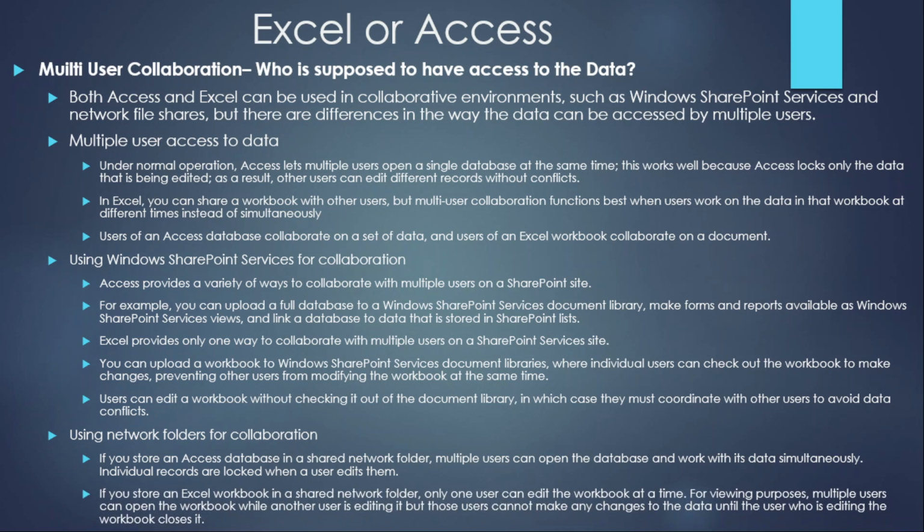So basically you have two options for collaboration, either SharePoint or a network folder, which in most cases the network folder is what is common, because when you're in the same office, you have access using Wi-Fi to share a particular folder. But with Windows SharePoint services, this is like a website. It could be accessed from anywhere, even at the office.